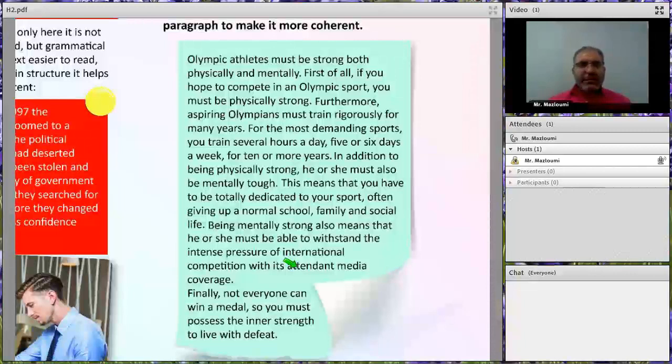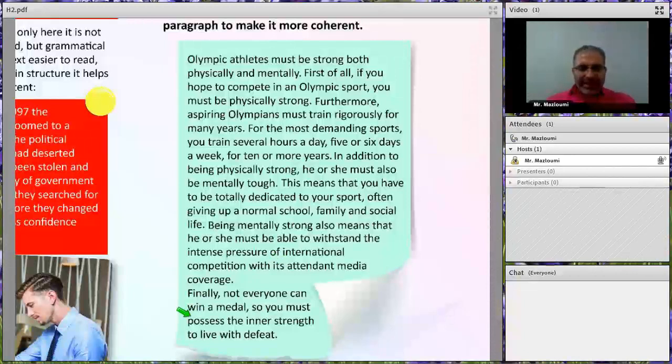When there is a match, when we have the Olympic Games, everyone, we have a lot of news and sports events that are reported on TV, on radio, or in newspapers and online. We call it media coverage. Different channels, news agencies try to cover the events. So we have lots of attendant media coverage.